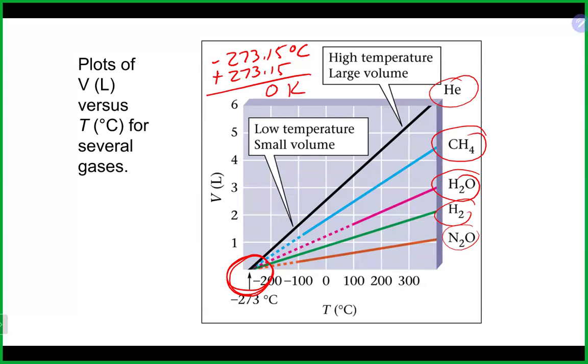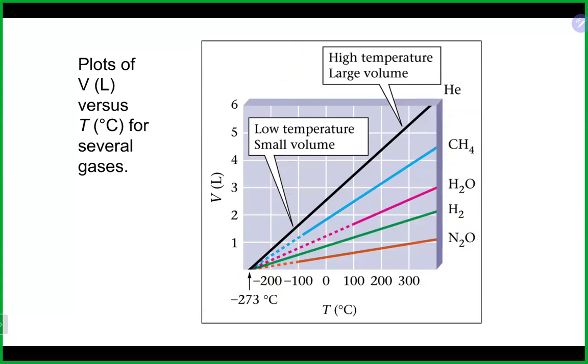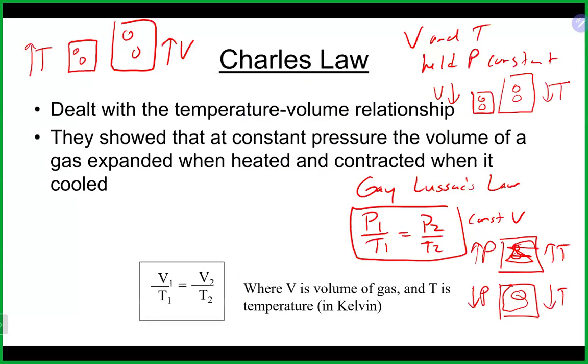So the result of that is that in pretty much any gas law, the temperature always needs to be in Kelvin. Anytime you have a gas law with a temperature aspect, like we do in both of these cases, Charles' law and Gay-Lussac's law, it has to be in Kelvin.